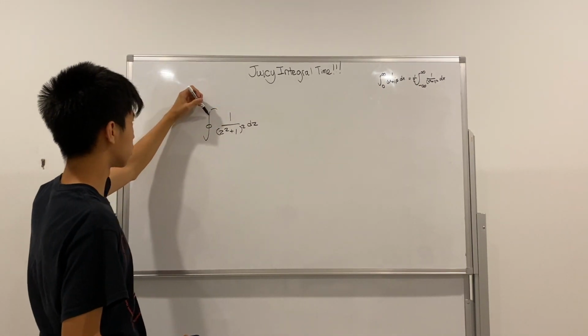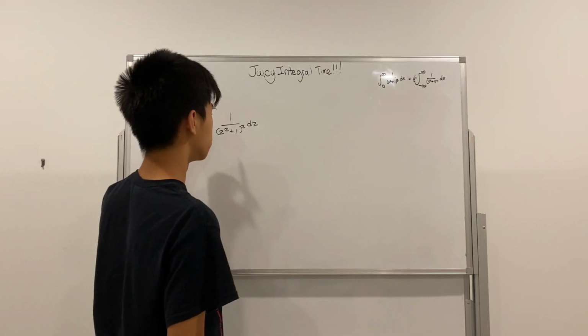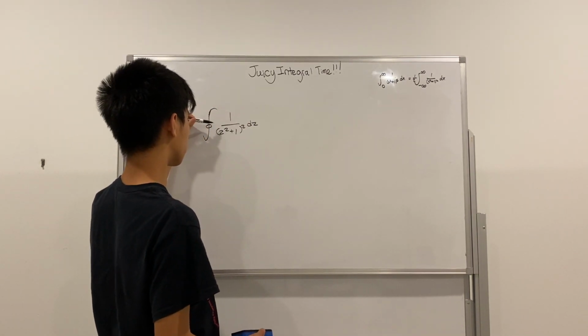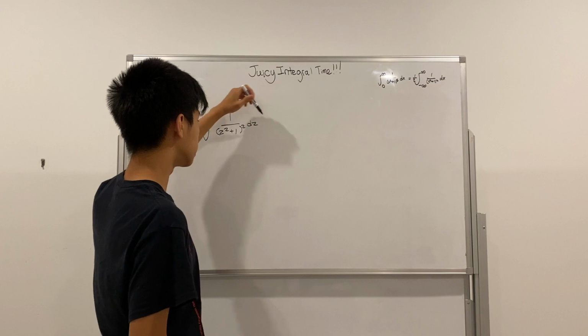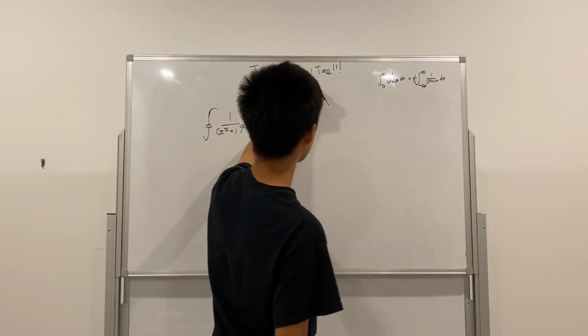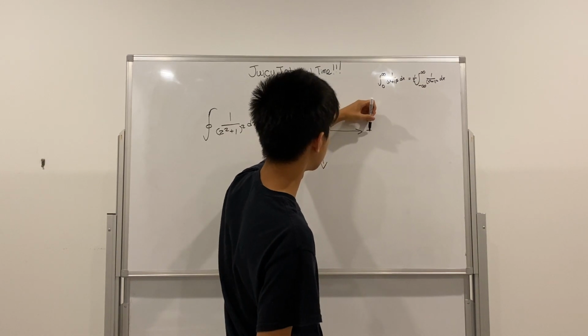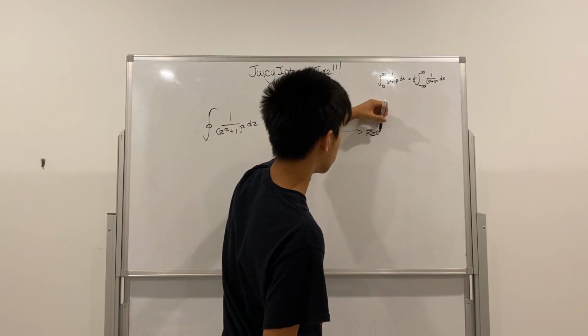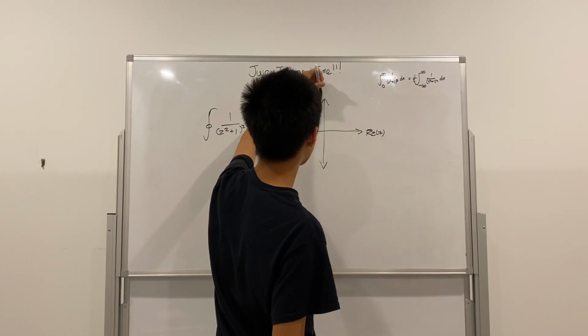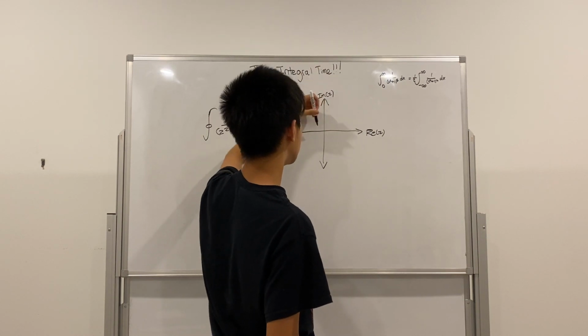So we have the closed loop line integral of 1 over (z squared plus 1) squared dz over the closed contour of our choice, because the problem didn't give us any contour, so we get to choose our own.